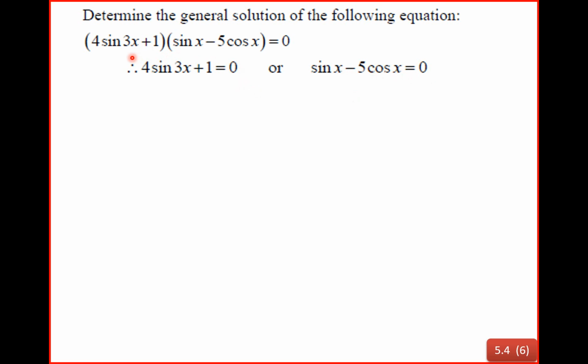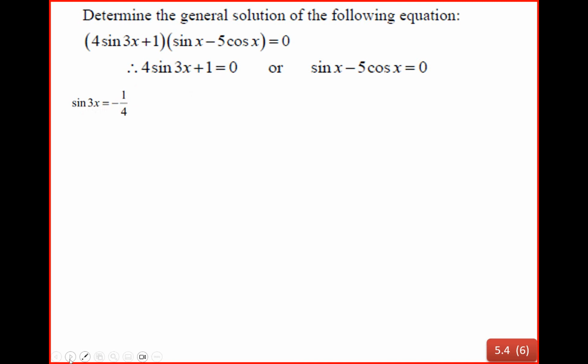We're going to start with the left-hand side, and 4 sine 3x, we take the plus 1 to the other side, it becomes negative 1, and then we divide by 4. So we get sine 3x is equal to minus 1 over 4.